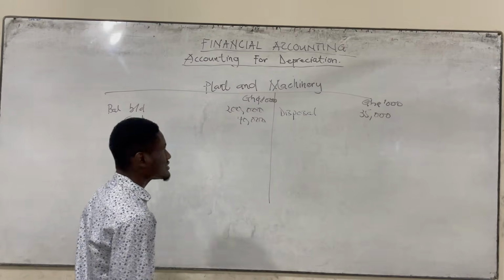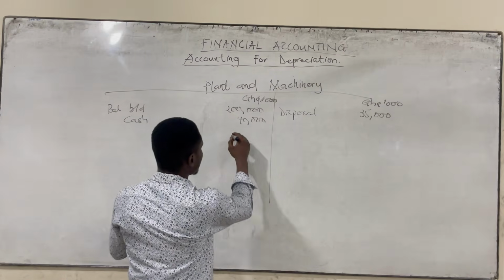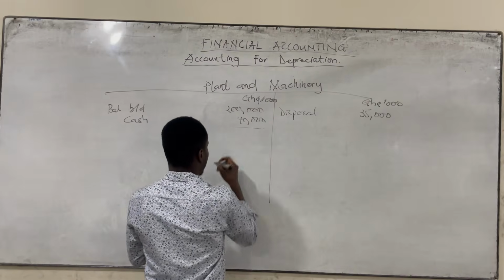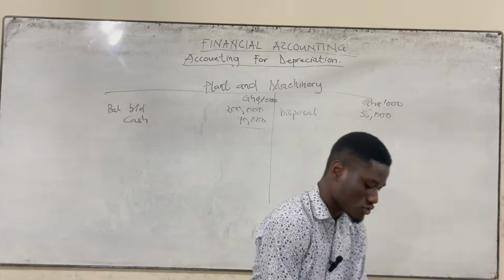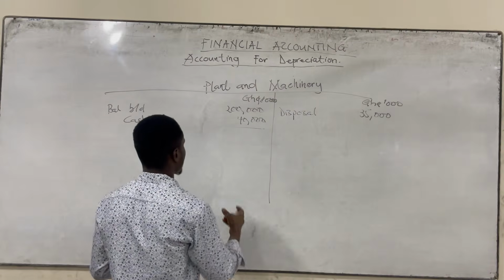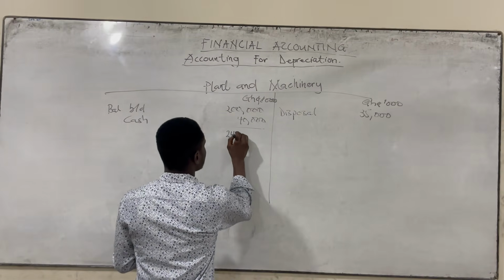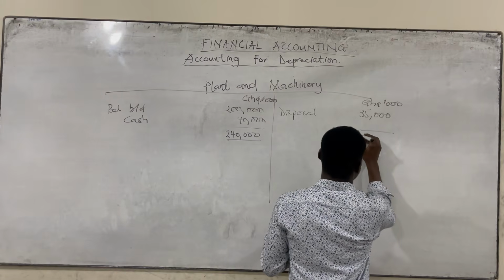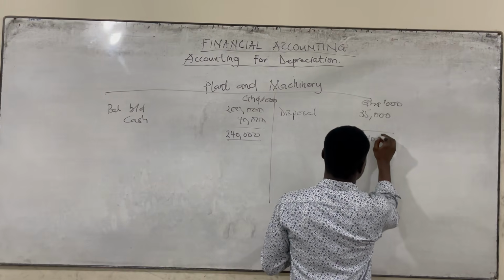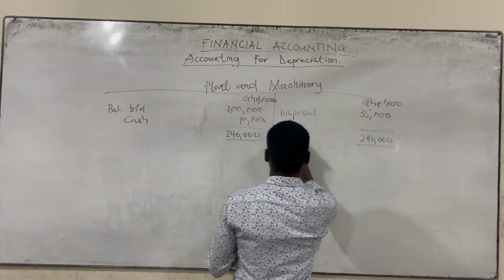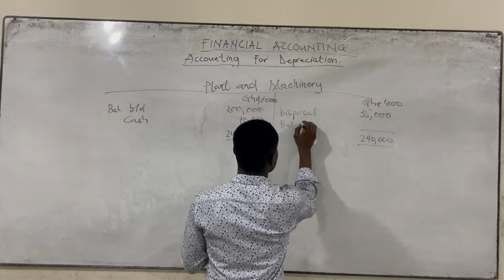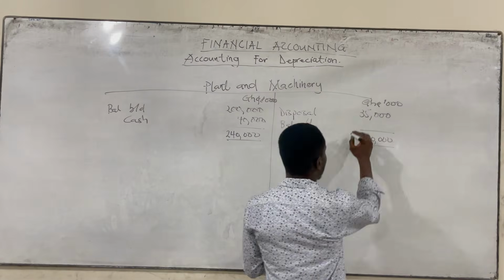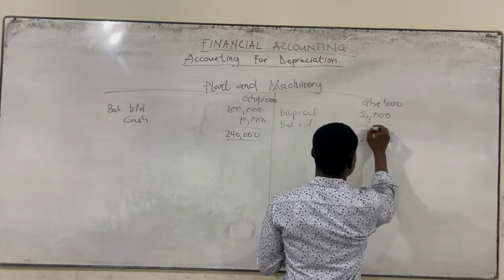So now we will find our difference, and the total, we know that here will be bigger than this side, so our balance CD will come here, and the total here is 240,000. Good. And we have our balance CD here, and the difference is going to give us 205,000.